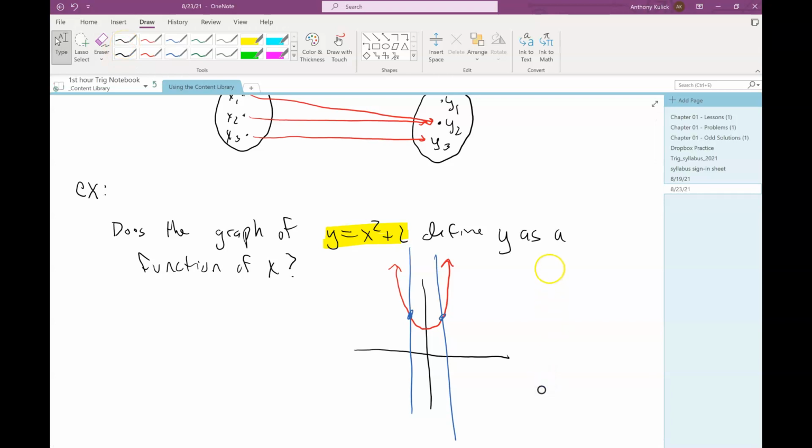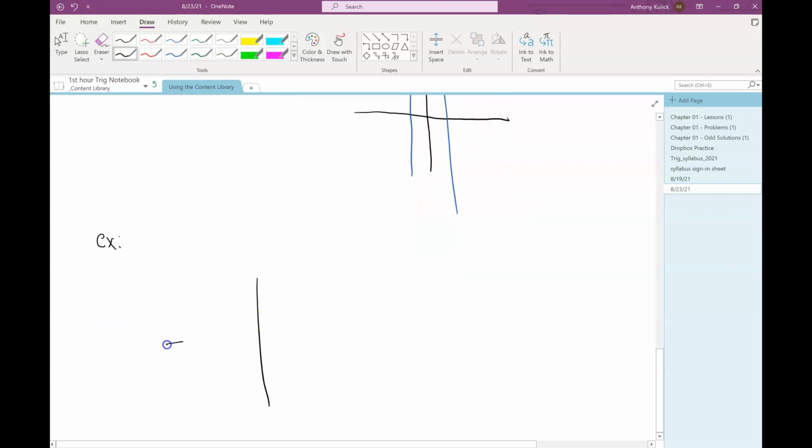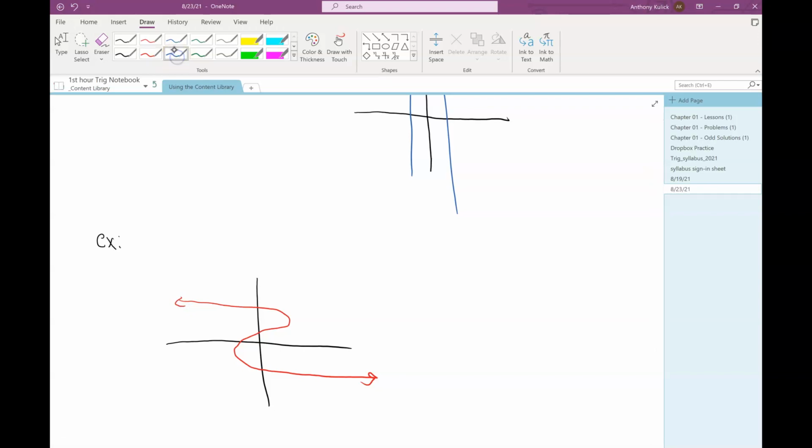So for example, let's say we have a graph that looks like this. Does that represent a function? No. Why not? Yeah, I can draw a vertical line that can intersect the graph more than one time, right?